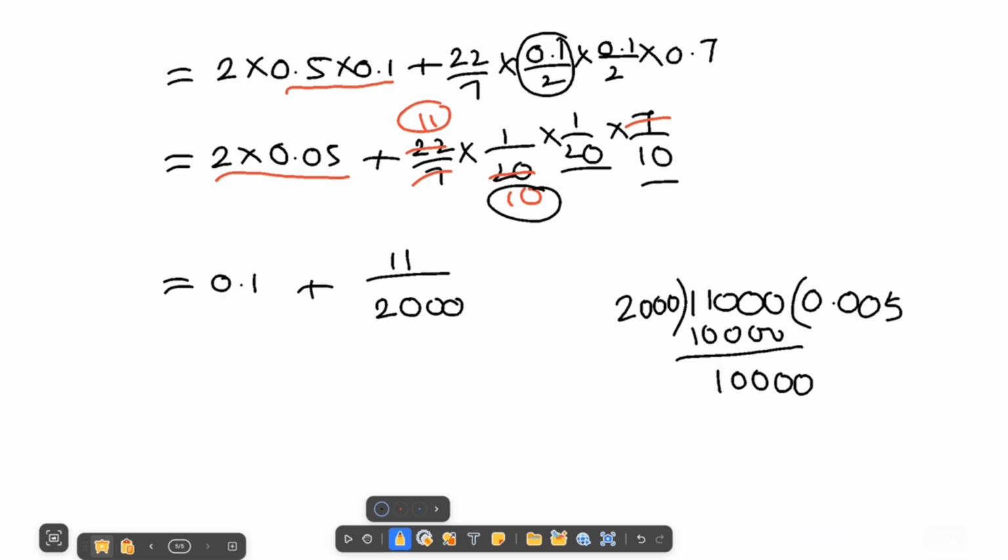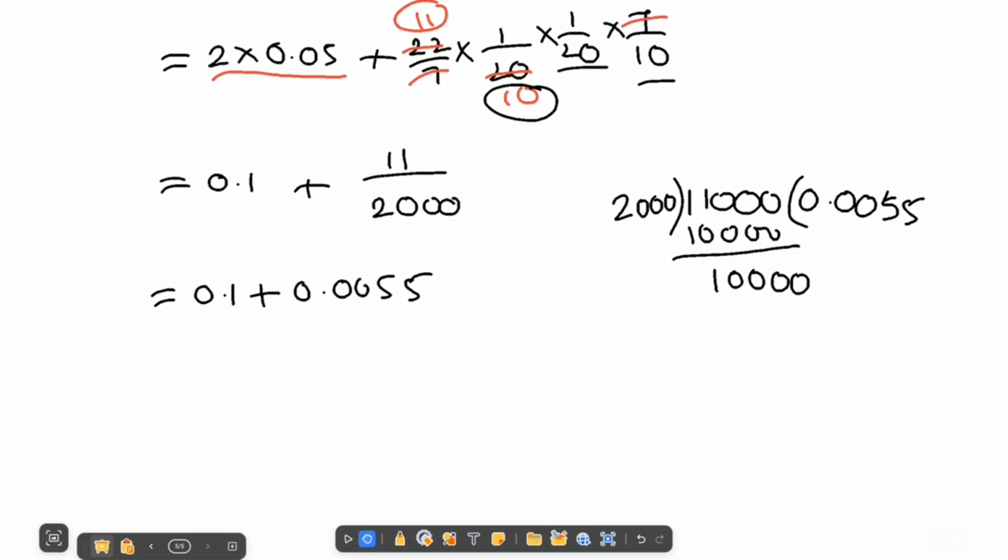Automatically one more 0, so 5. So it will be equal to 0.1 plus 0.0055. So now this will be equal to 0.1055 meter cube. So this much volume of wood is used.